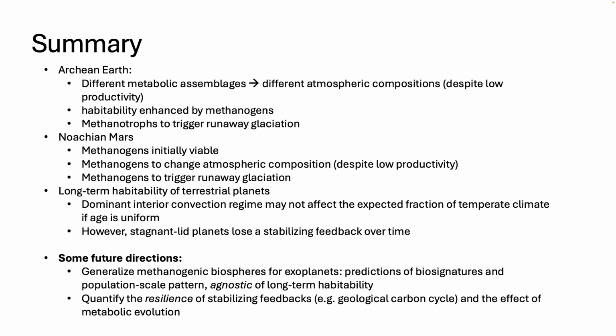For the interior convection regime I presented, I make a population-scale hypothesis: all planets are in that regime, or all planets are in that other regime. That helps us trade sample size with resolution of the observation to get something out of it. We want to do that with biosignatures as well. Can there be trends that we can predict from coupling these models together, and use to inform what could be done with future missions?